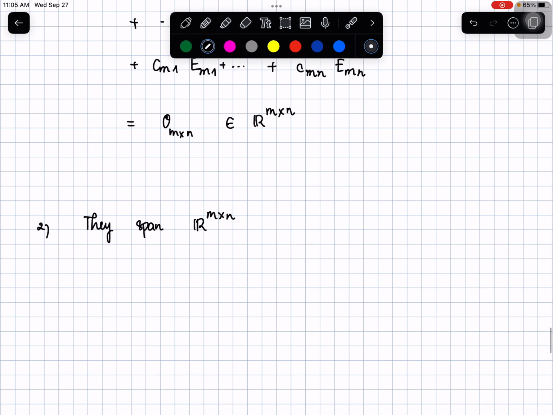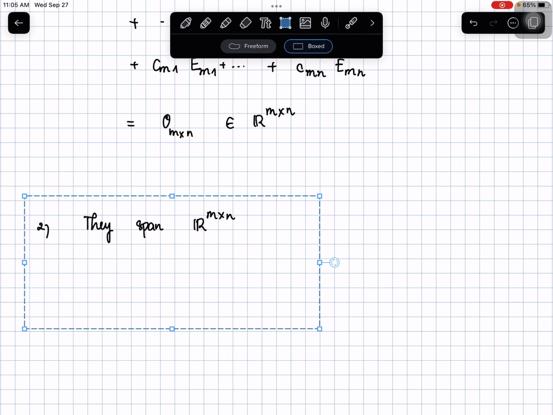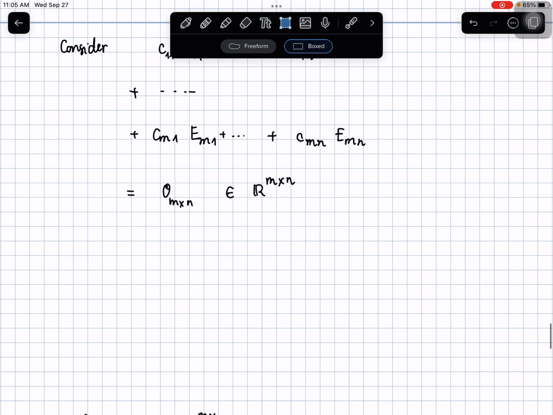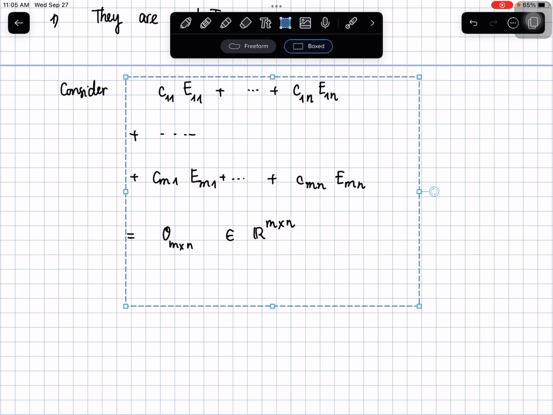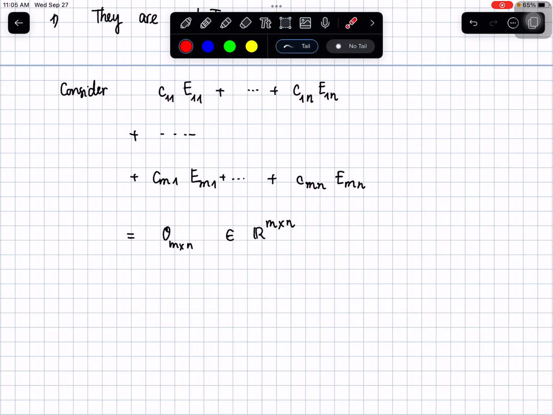Okay, so this is a system with m by n variables, right?